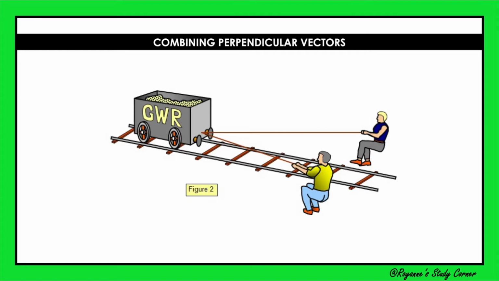Now, sometimes rather than pulling directly in the direction that we have to go in, we can pull something at an angle. And what does pulling it at an angle cause?